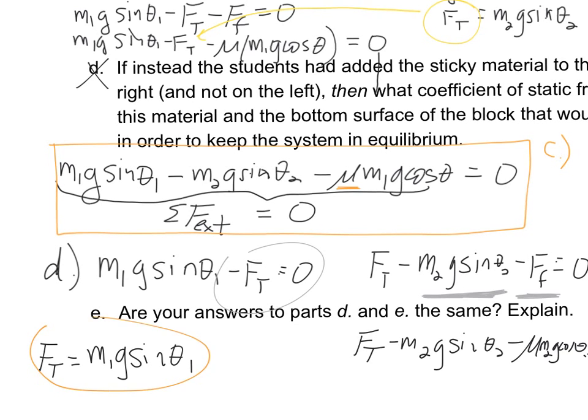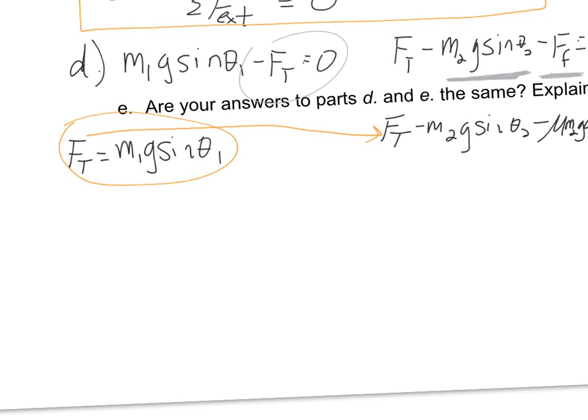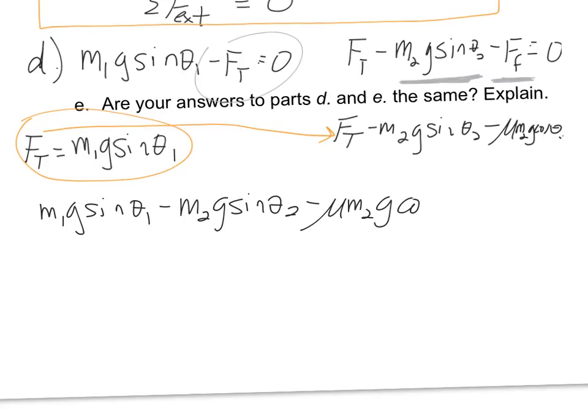Okay, we'll take that, put a box around it. Let's plug that in for this ft. Scroll down the page a bit. We have some room. And so this whole expression becomes m1g sine theta 1 minus m2g sine theta 2, looks familiar, minus mu m2g cosine theta 2 equals 0.